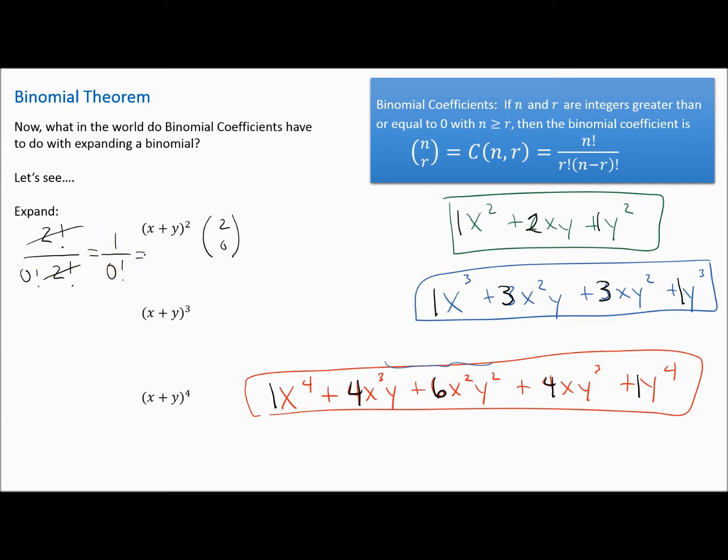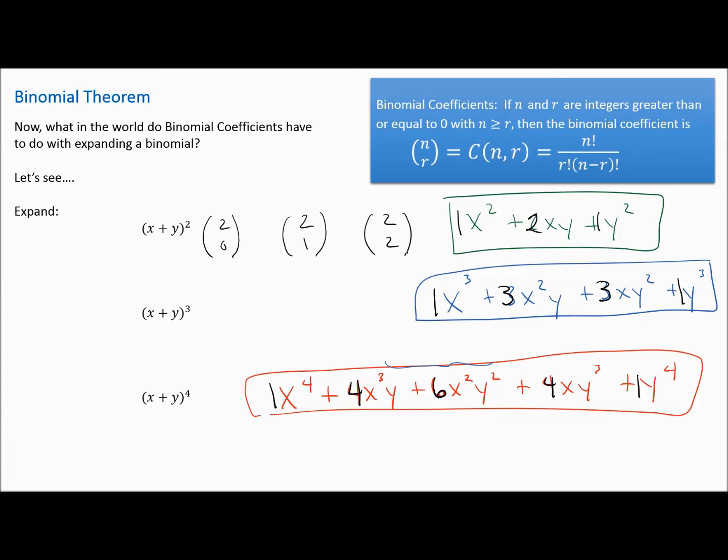I need you to know this: 0 factorial is just 1. So 2 choose 0 is 1. The next coefficient is 2 choose 1, and this third coefficient is 2 choose 2.